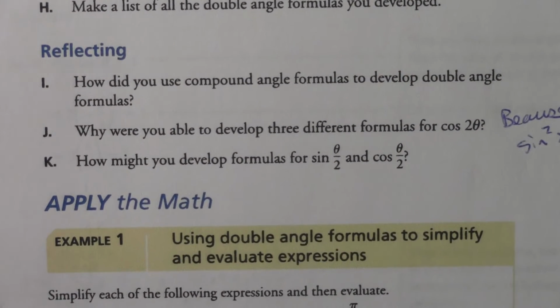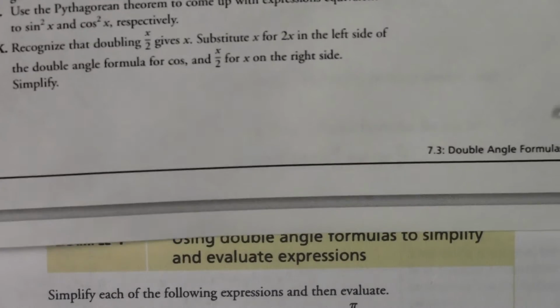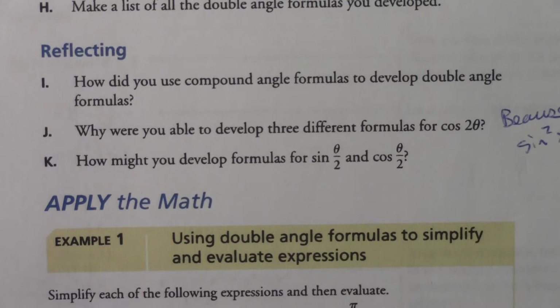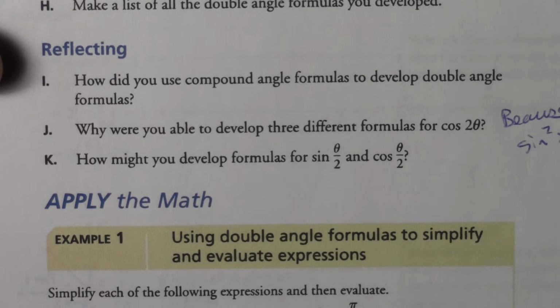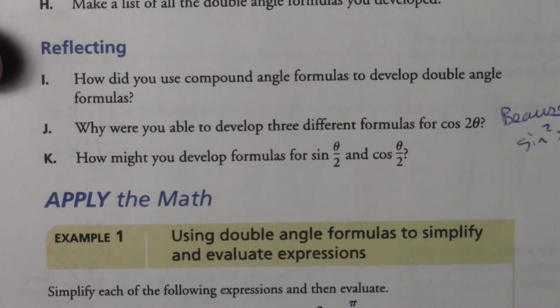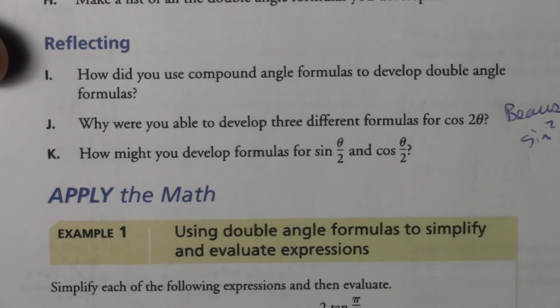How might you develop formulas for sine x over 2 and cos x over 2? We could do that just by substituting into the formulas we developed, right? We can recognize that doubling x over 2 gives x. Substitute x for 2x in the left side of the double angle formula for cos, and x over 2 for x on the right side. Simplify.